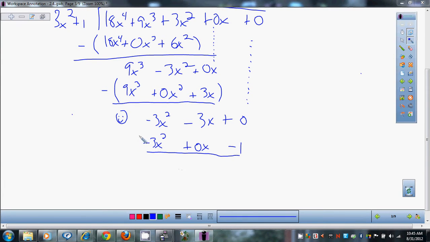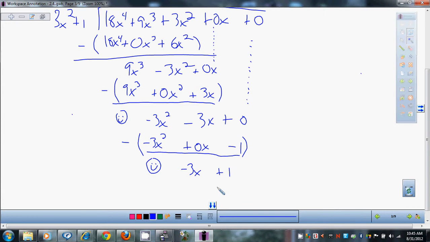Very good. Bang. Here we go. Subtracting. Negative 3 plus 3 is happy face. Negative 3x plus 0 is negative 3x. 0 minus a negative 1 is plus 1.